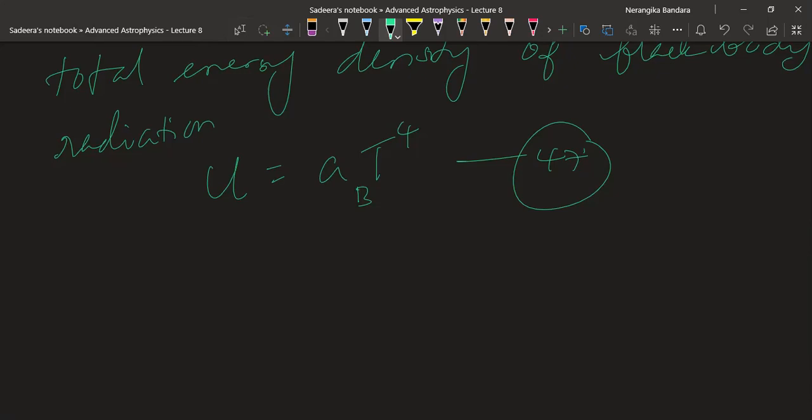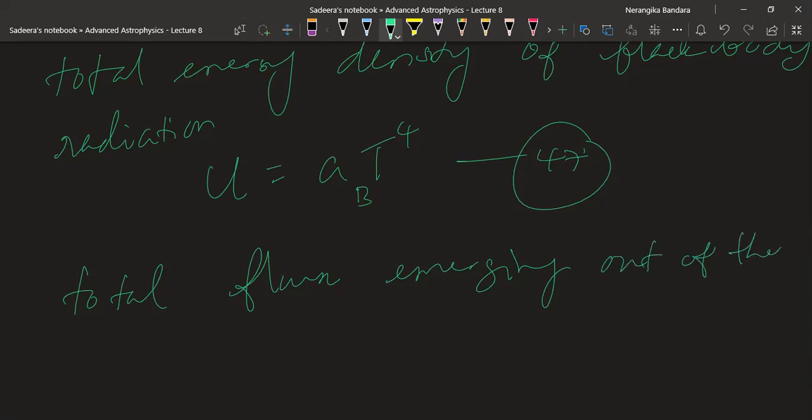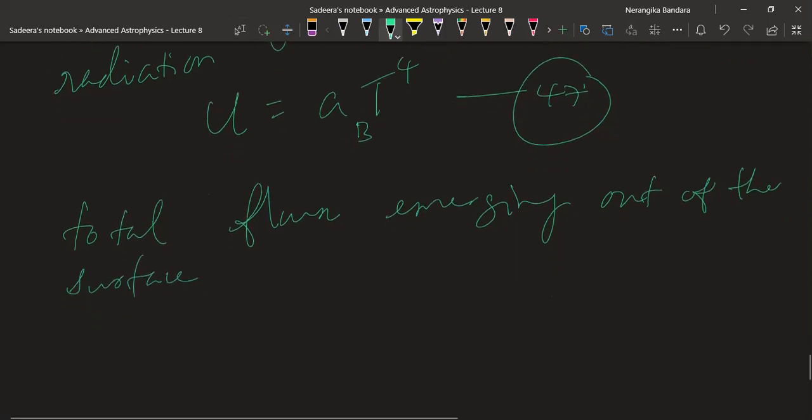And also we know that the total flux emerging out of the surface, okay, let me write it down, emerging out of the surface.